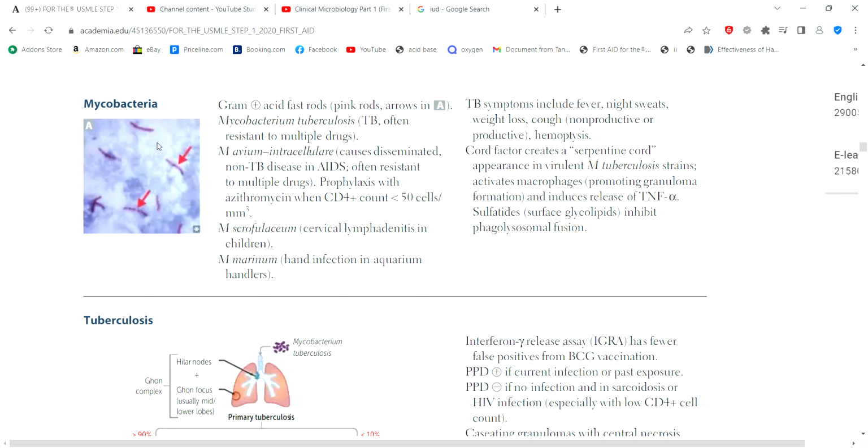So, to fight TB, macrophages release TNF alpha and IL-12. Sulfatides are surface glycolipids. They inhibit phagolysosomal fusion.